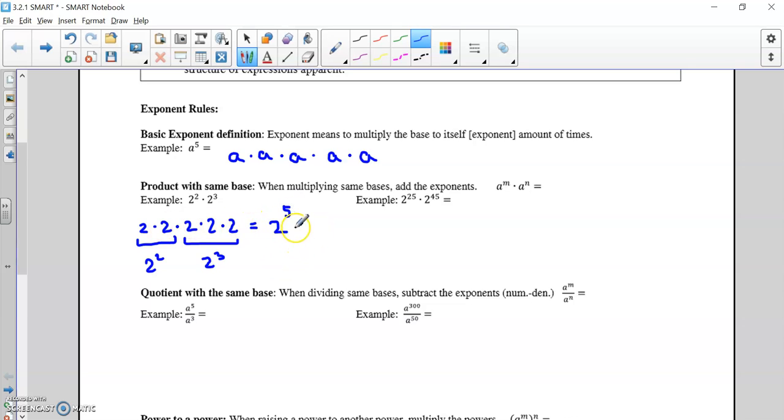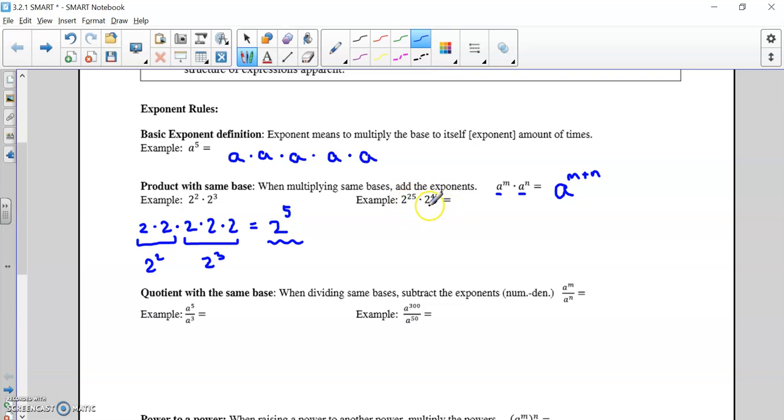Now, hopefully, you would notice that, well, to get that 5, I could have just added the 2 and the 3. So that's actually what our rule is. Okay? Anytime you're multiplying two terms that have the same base, this right here is the base, the a, but they both have exponents, you could just keep the base and add the two exponents together. All right, so right over here, who has time to write 25 2's?